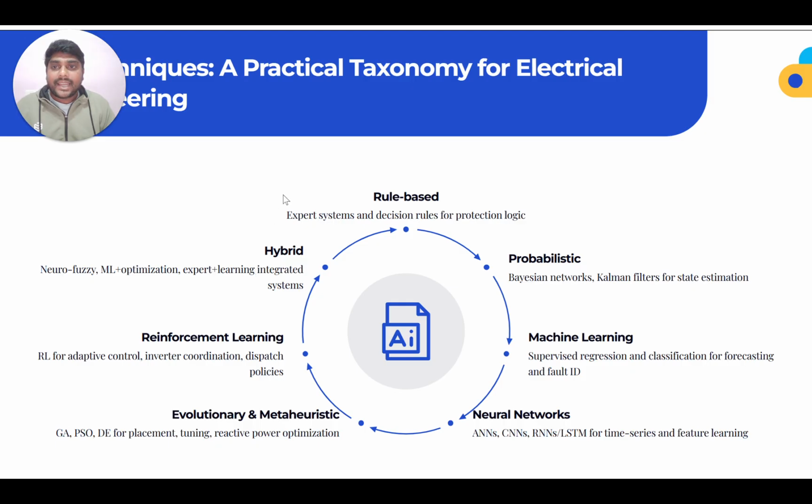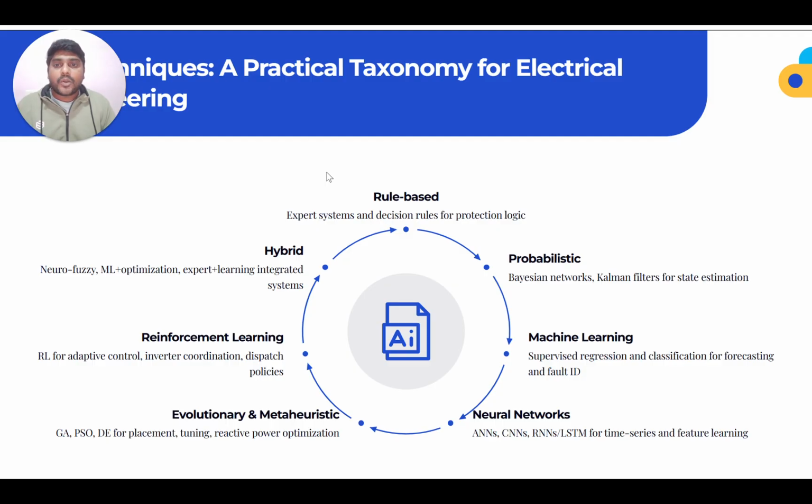AI techniques, a practical taxonomy. AI methods applied in electrical engineering can be organized into a practical taxonomy. We have rule-based systems, widely used for protection, logic, and expert systems. Probabilistic methods like Bayesian networks help in uncertainty modeling and state estimation. Machine learning and neural networks, including CNNs and LSTM, help in forecasting and pattern recognition.